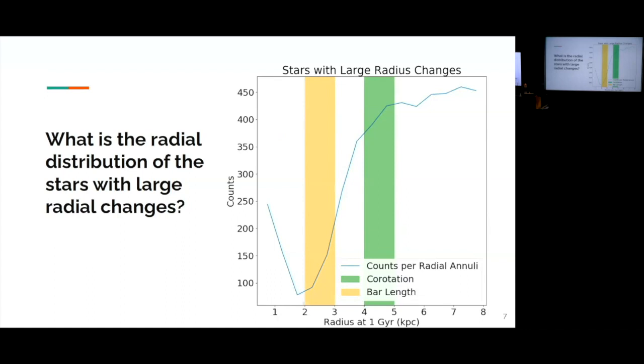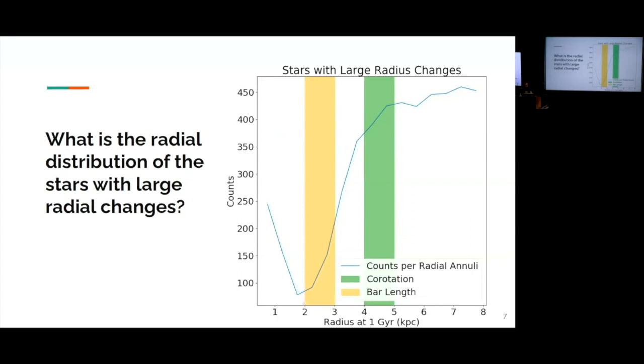Co-rotation should actually be a thicker wedge, as you saw in Binod's talk. But this is just my very simple co-rotation, where I took the rotation curve versus radius and asked, where is the rotation curve over r equal to the pattern speed at that given time step? Again, this has a thickness because it's over time, but it should be even thicker because I'm assuming a perfectly circular orbit.